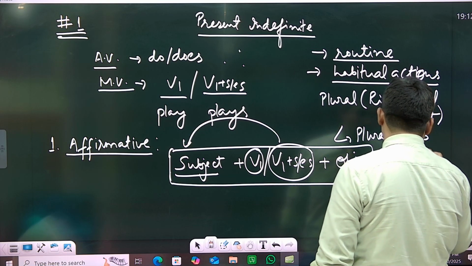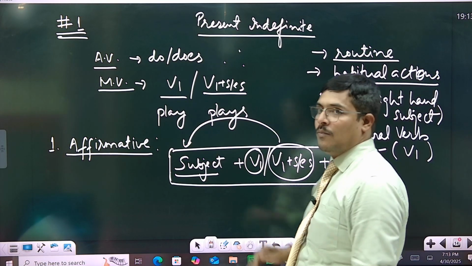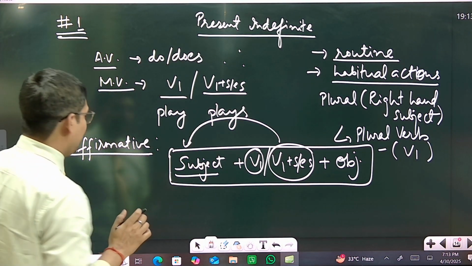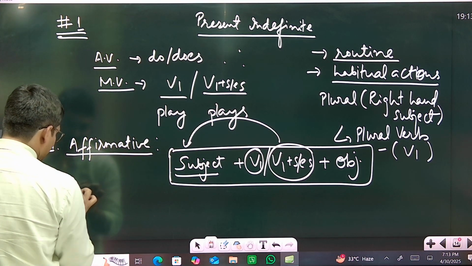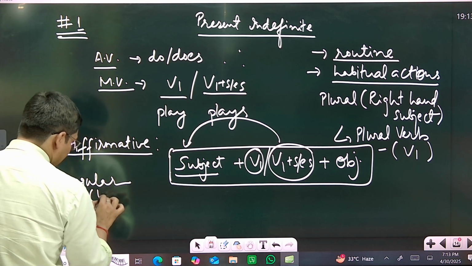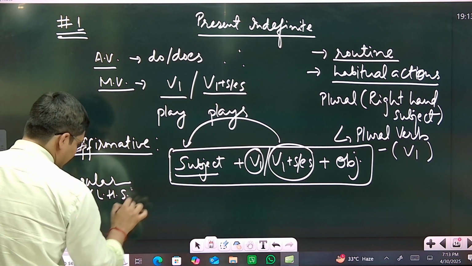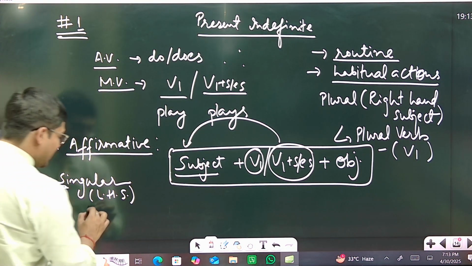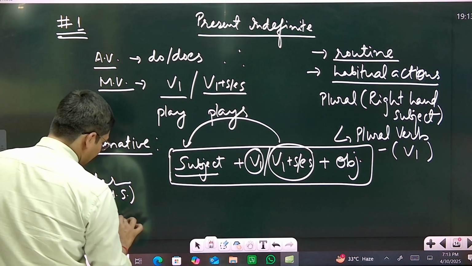What is plural verb? V1. Verb without s or es. At the same time, if your subject is singular, that is left hand subject. Left hand subject, singular, it will take s or es.